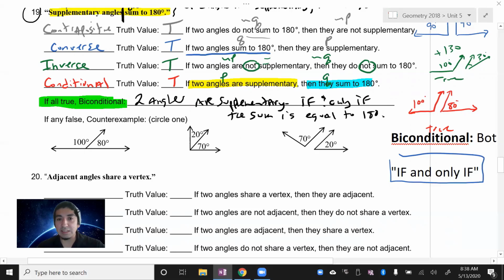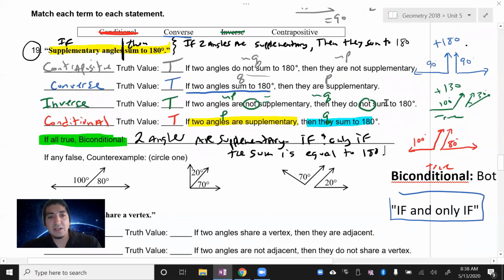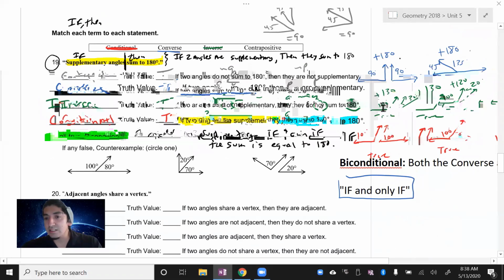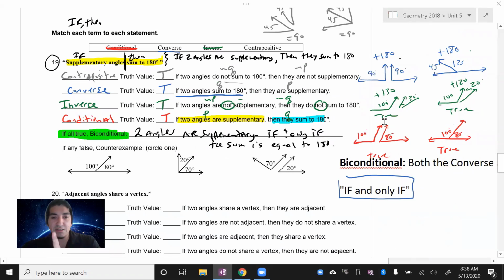Okay, so there's your biconditional. You can say it's true whenever the converse and conditional are both true, and then you can flip flop it. It will give you the same scenario. It will not be something different.